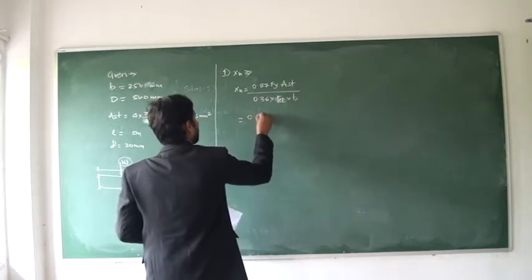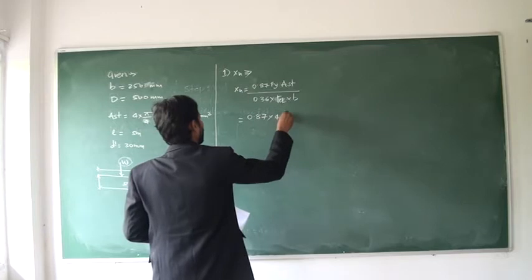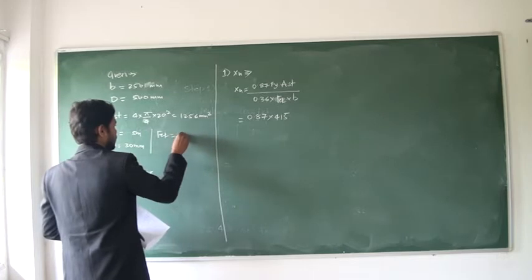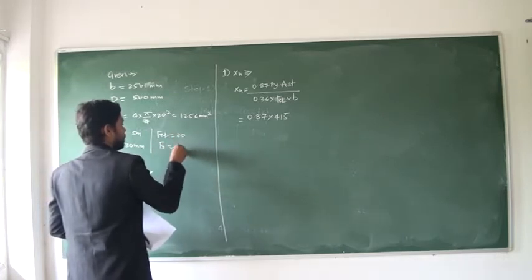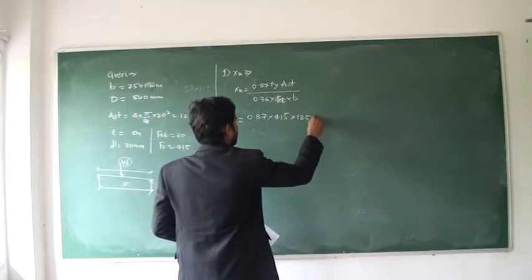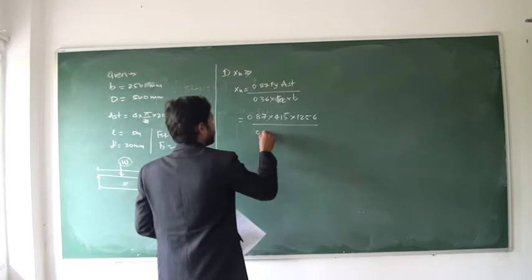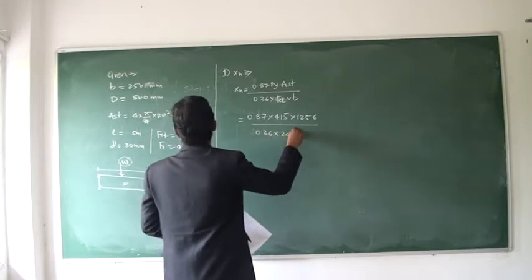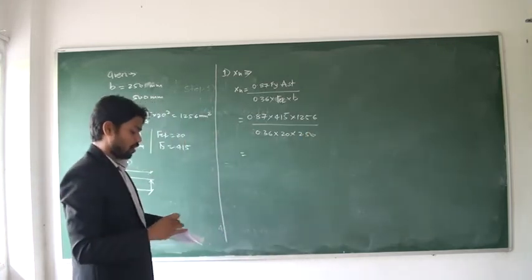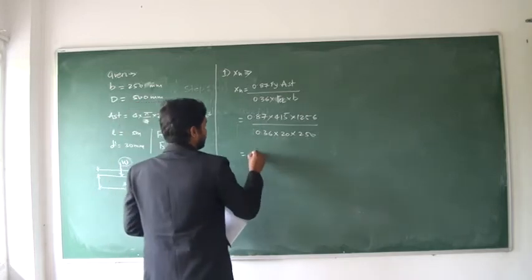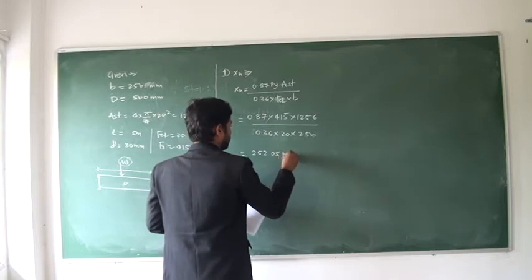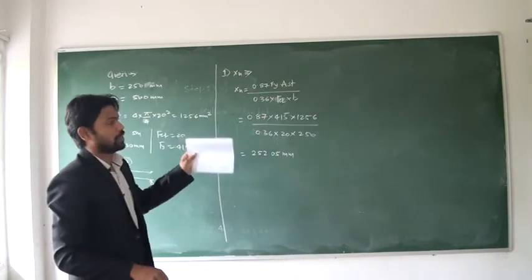So fy is 415, fck is 20, Ast is 1256, divided by 0.36 into 20 into b, which is 250. If you substitute all the values, you will get this Xu as 252.05 mm. This is actual Xu.